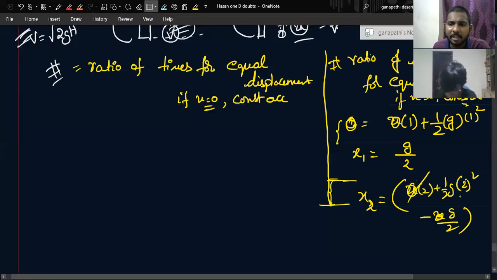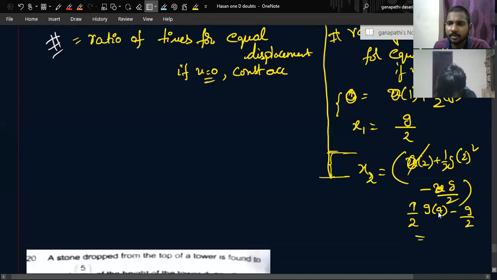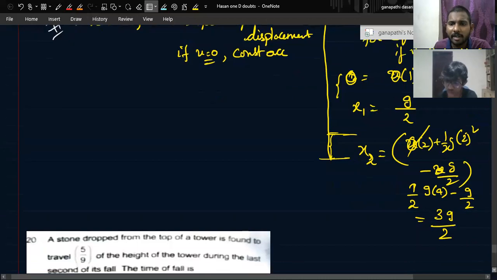So half into g into 4 minus g by 2. The answer is 3g by 2. In a similar way, if you solve x3, that will become 5g by 2.